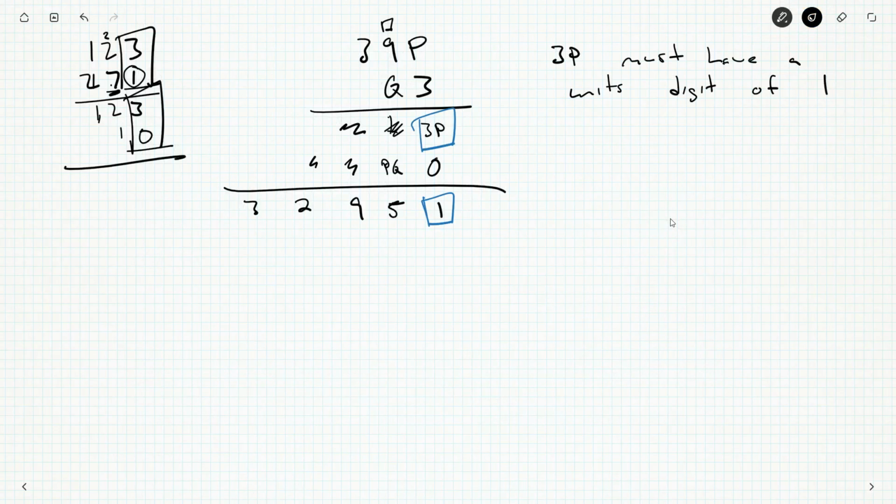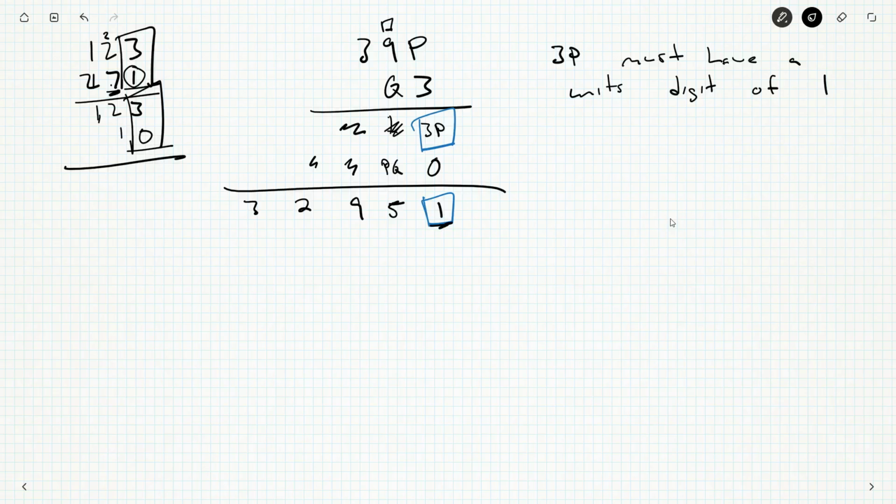And this is pretty important, and it's going to allow us to solve exactly for P. Notice that 1, no matter what it is, if something ends with a 1, it's not even. So P is not going to be an even number, because you'd need to have odd times odd to end with an odd digit.